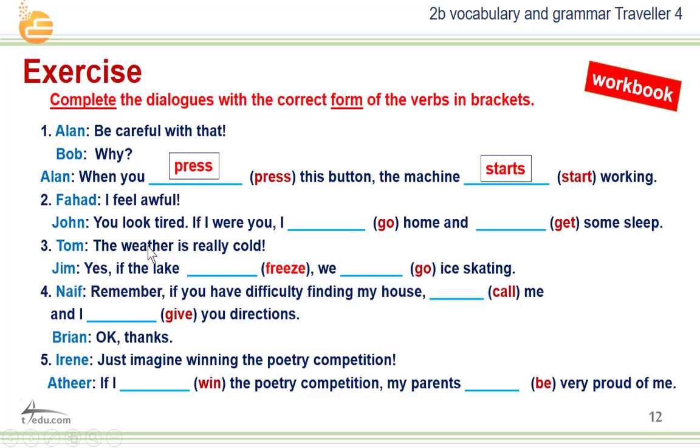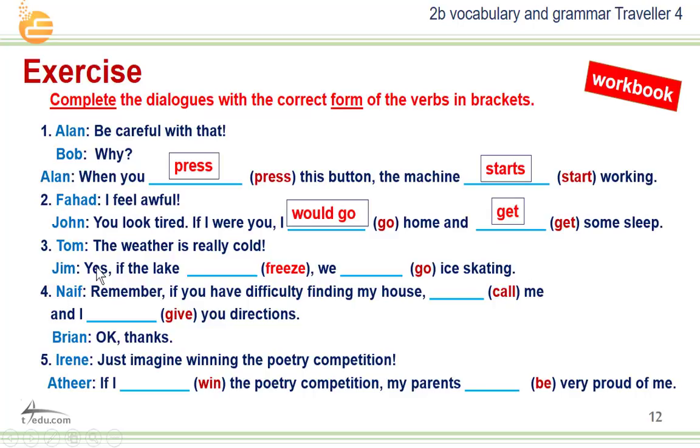Number 2. Fahad, I feel awful. John, you look tired. If I were you, I go home and get some sleep. If I were you, what should we add with go? Would go. I would go home and get some sleep.